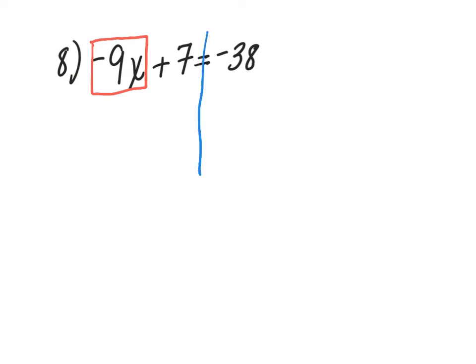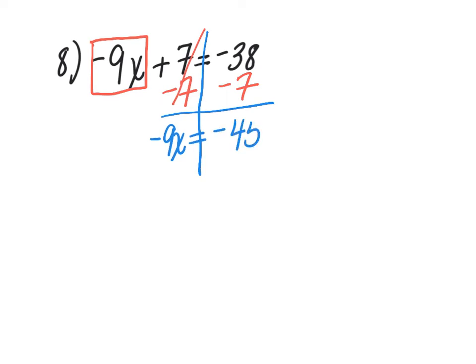So the opposite of a plus 7 would be a minus 7. So I'm going to subtract 7 from both sides of my equation. The plus 7 and the minus 7 zero out, and I'm just left with negative 9x is equal to negative 38, and a negative 7 leaves me with negative 45.